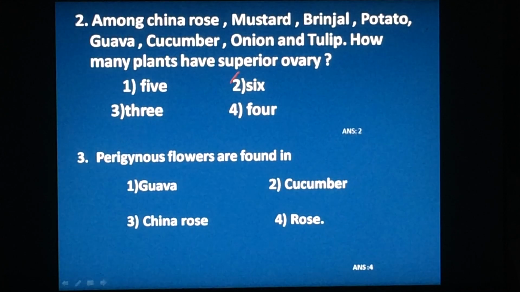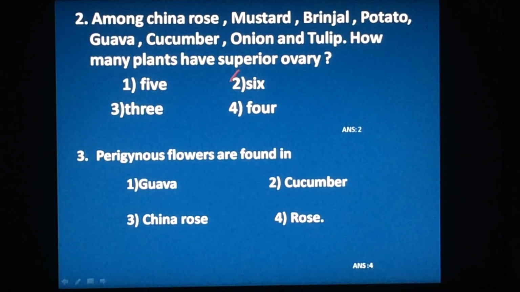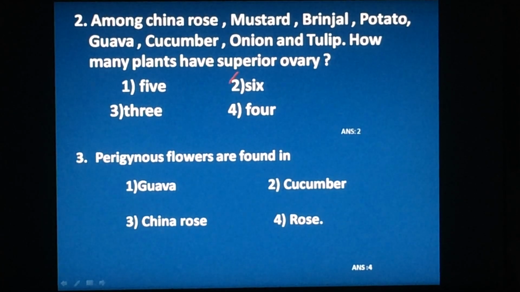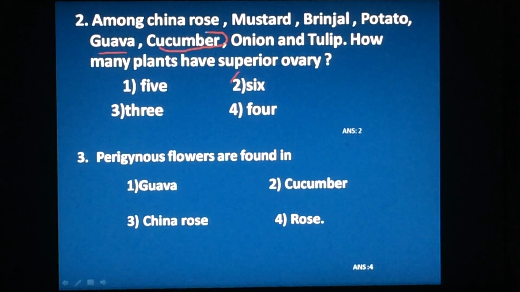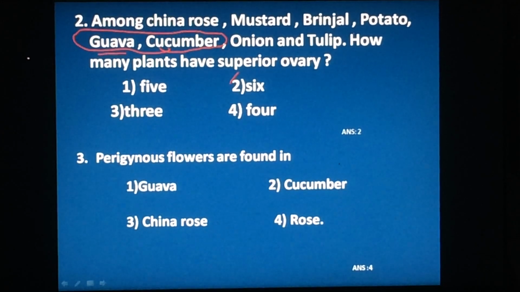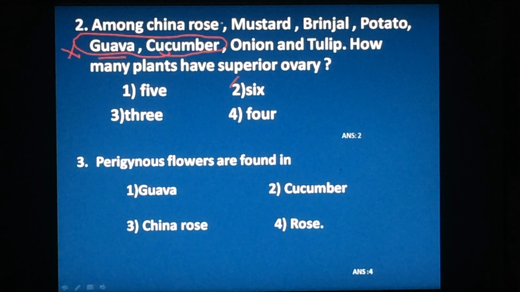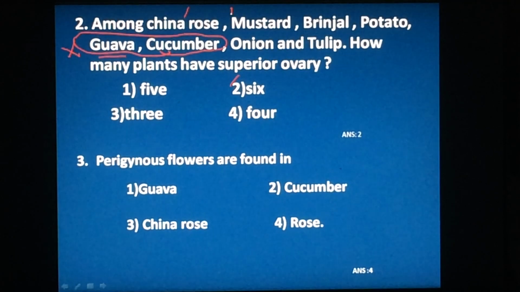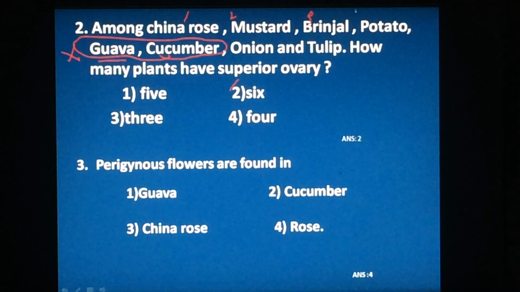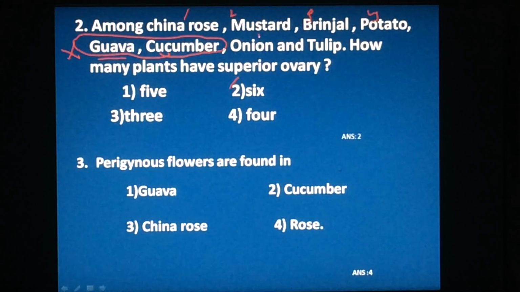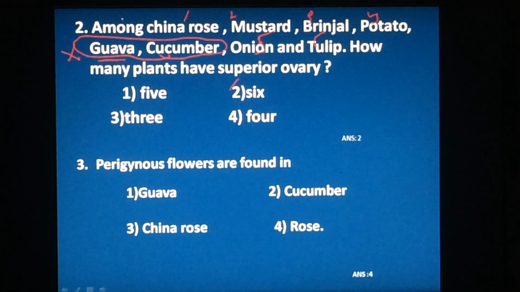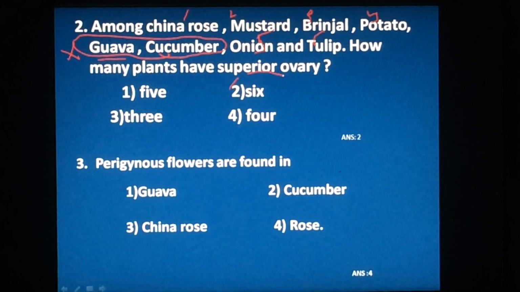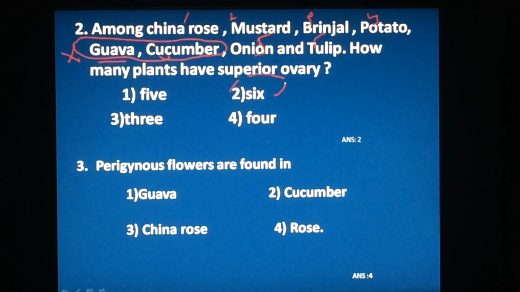Which are not having superior ovary? Guava is not having, cucumber. Apart from this, all these, 1, 2, 3, 4, 5, 6, are having superior ovary. So answer is this one.